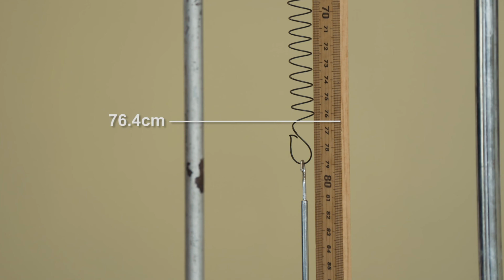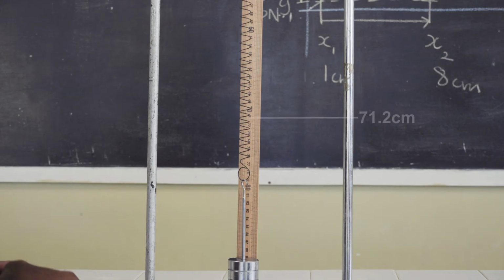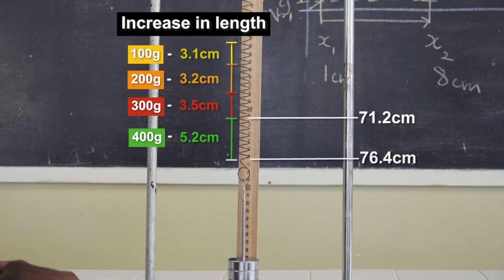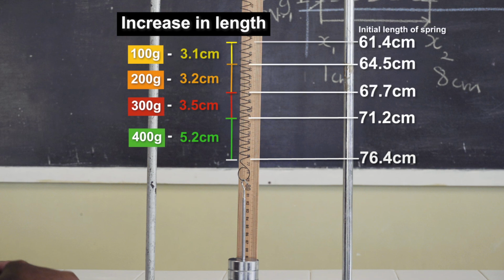We were at 71.2, and now we are at 76. So the increase is significantly larger, and this will happen. What it means is that we probably put a little more mass on the spring than the spring can handle.